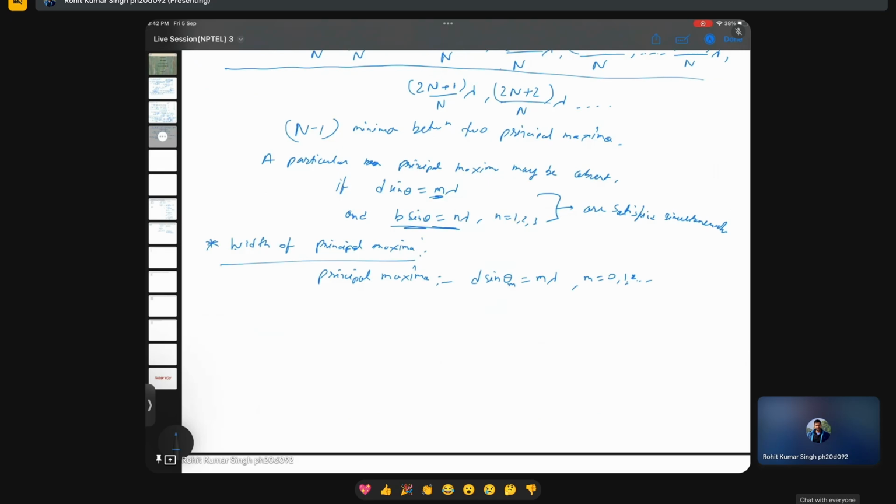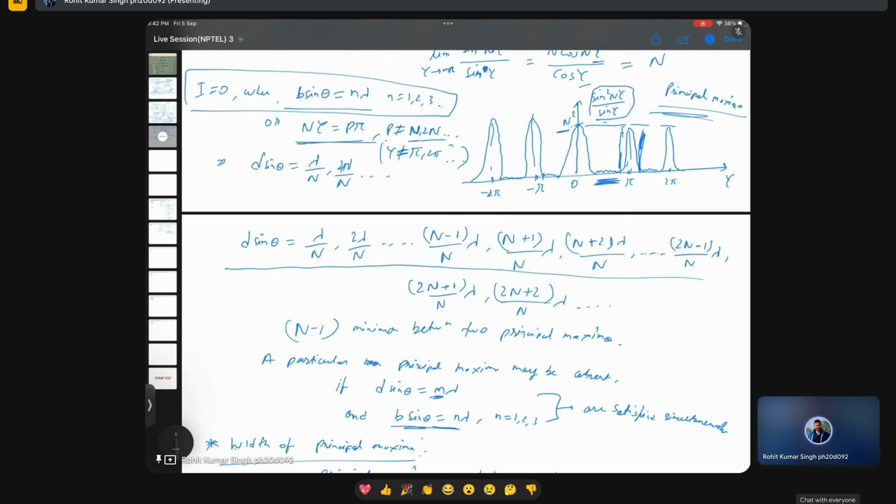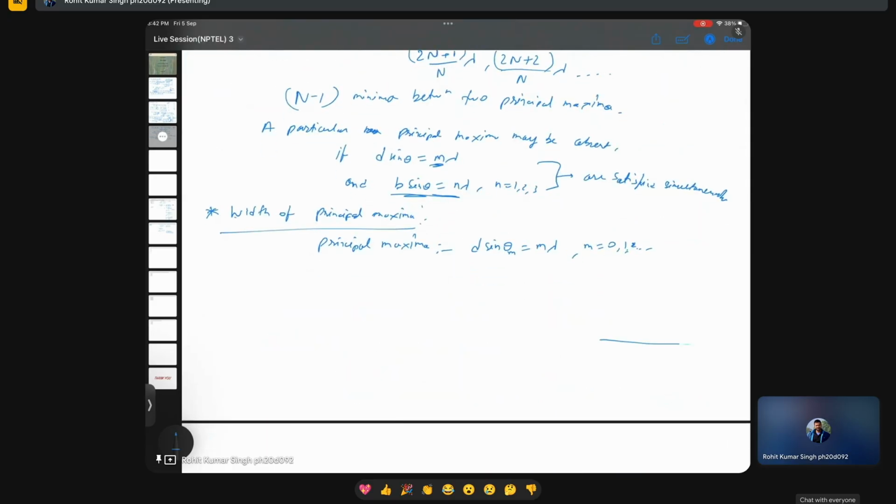Now you can see here, let me draw one of the principal maxima. Let us have this principal maxima, and then you have these minimas, the n minus 1 minima around each principal maxima, and this is your theta m. There will be two minima, one here and one here, on either side.